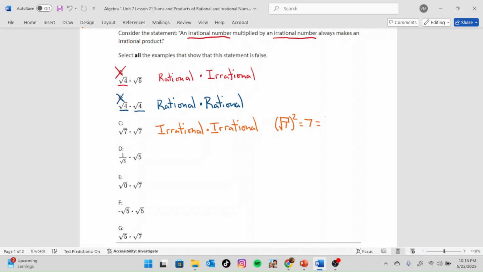And 7 can be rewritten as a fraction. So this actually proves the statement false because we multiplied two irrational numbers together and we got a rational number when the statement said that it would always make an irrational product.